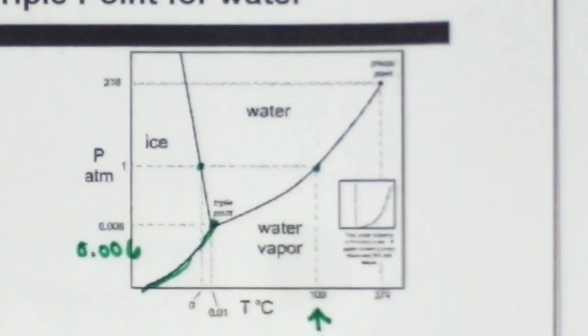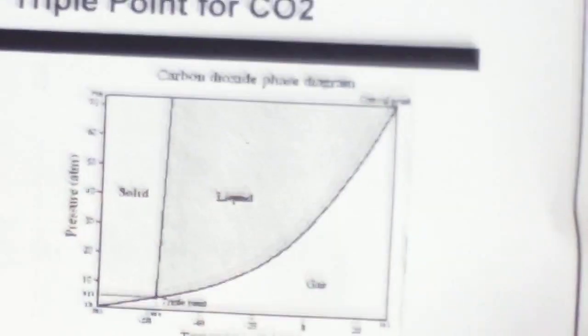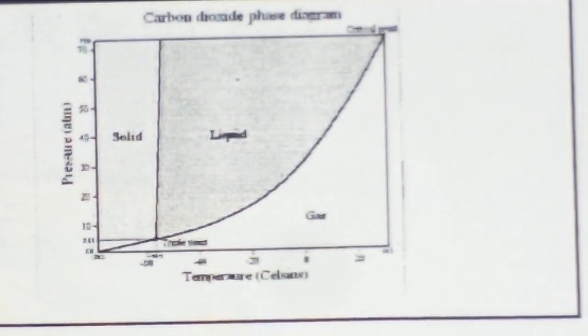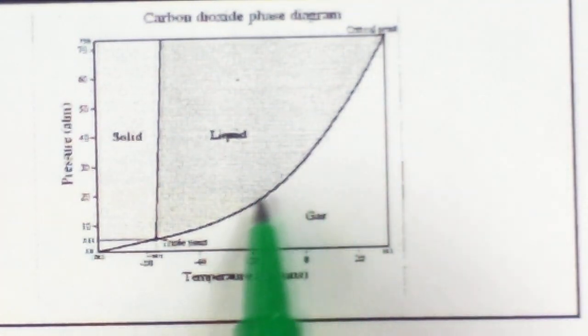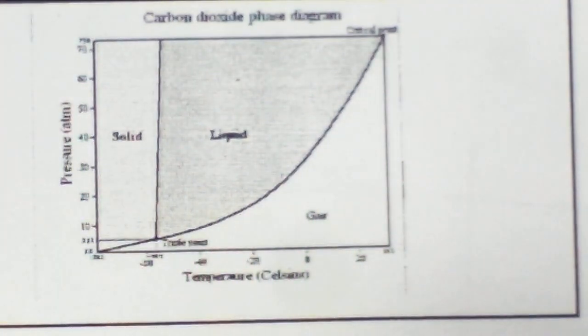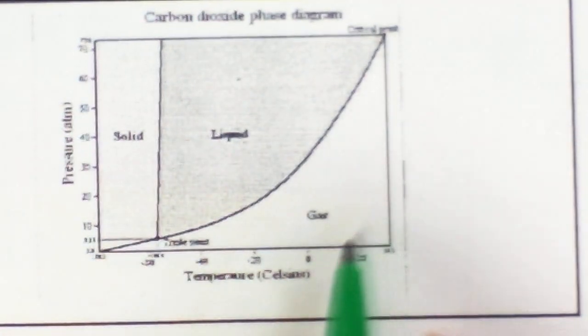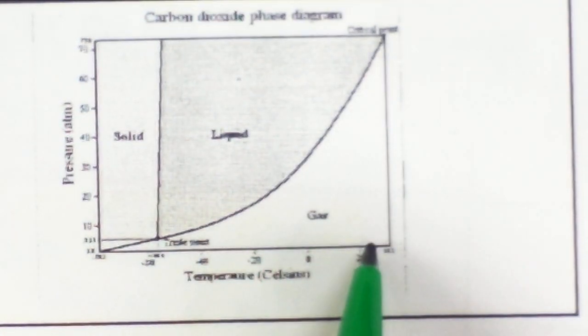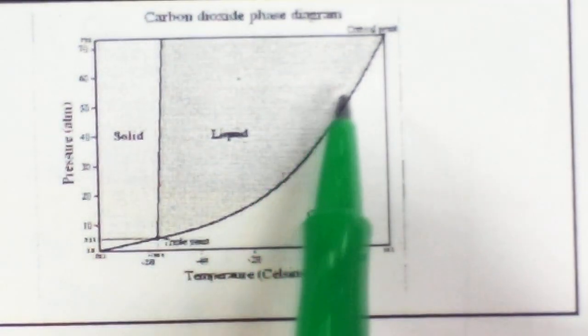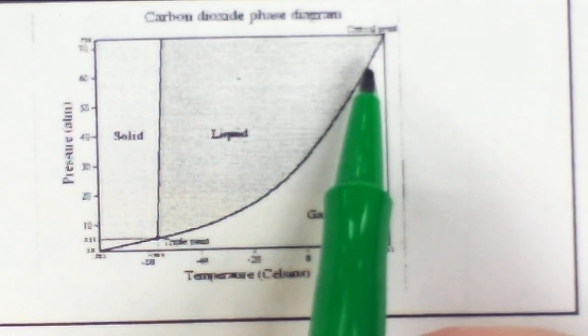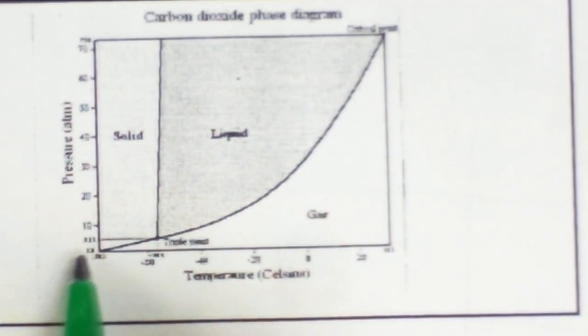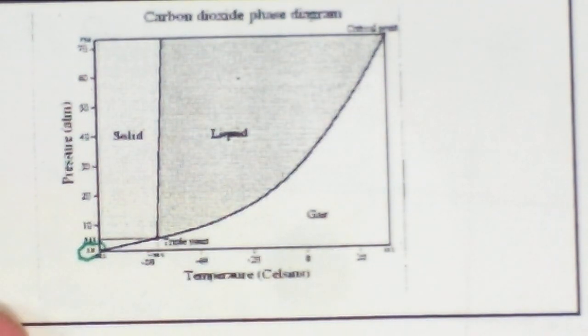So the next thing that we would want to look at is, why is it that we never see carbon dioxide as a liquid? The reason is that carbon dioxide is only a liquid at very, very high pressures. Like, 1 ATM is right here, and that's where we live, at 1 ATM.